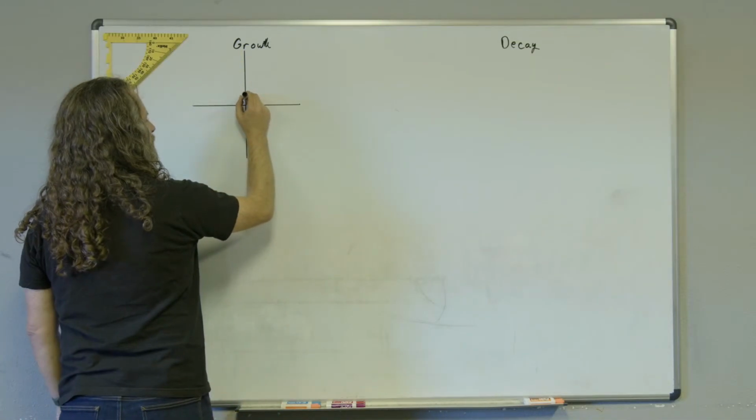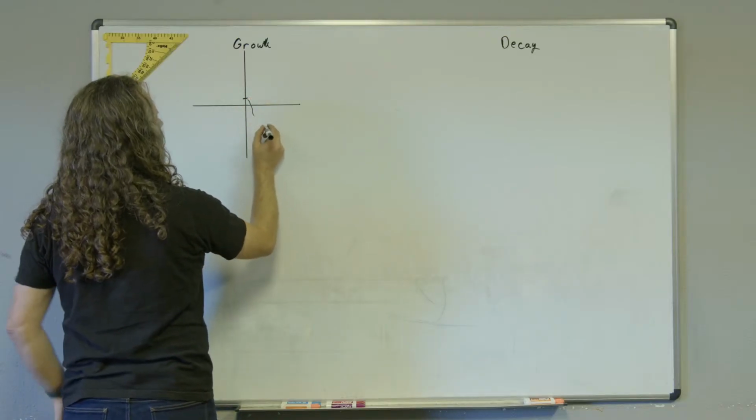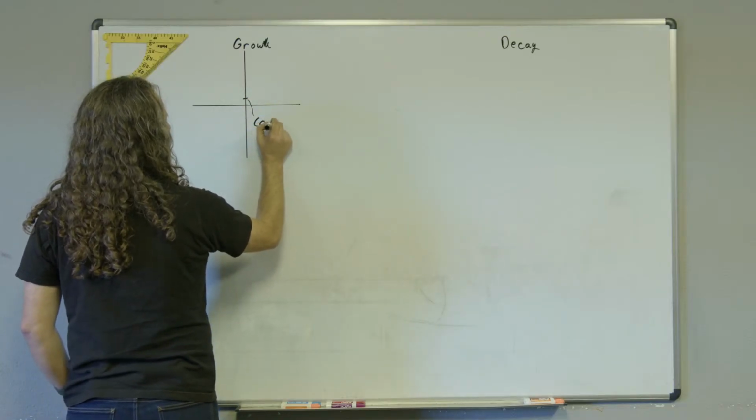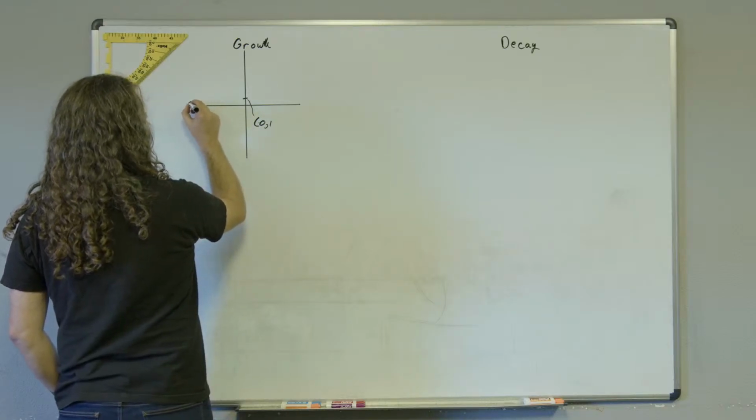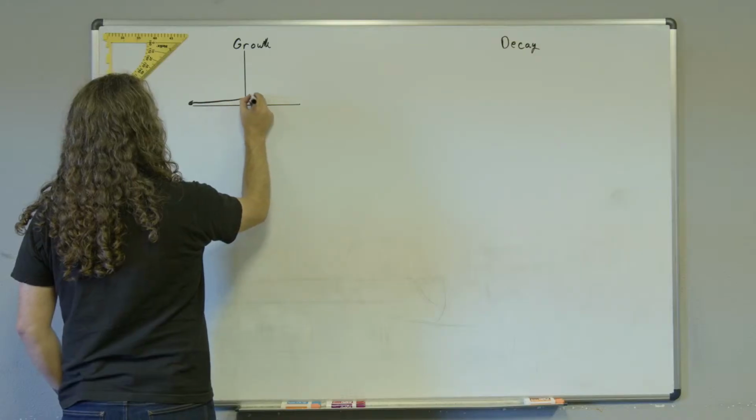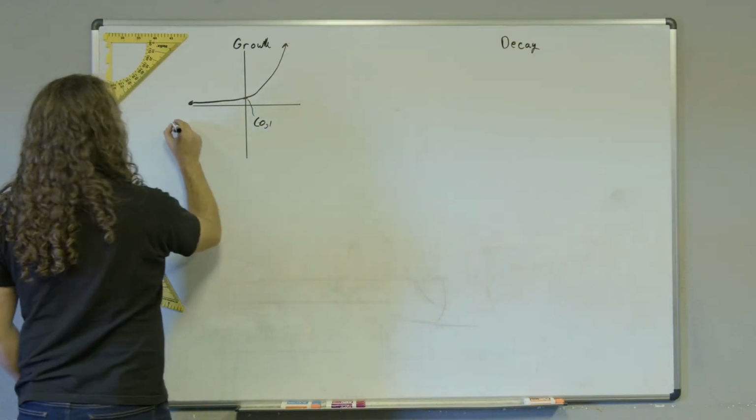The parent function goes through the point (0, 1). The limit as x approaches negative infinity is 0 for its end behavior.